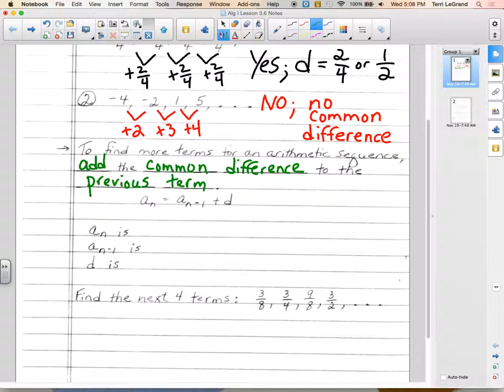So when we have an A sub n right here, this is an algebraic model for finding more terms of the arithmetic sequence. A sub n is actually the term you are looking for.